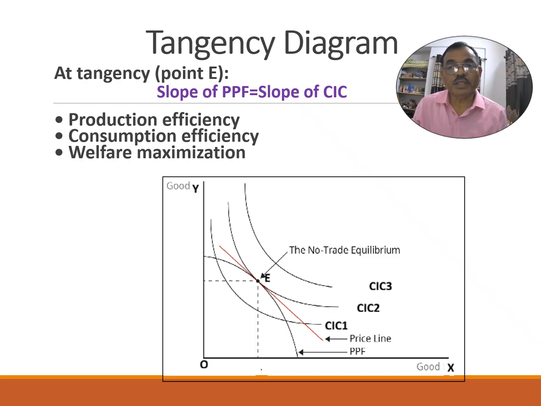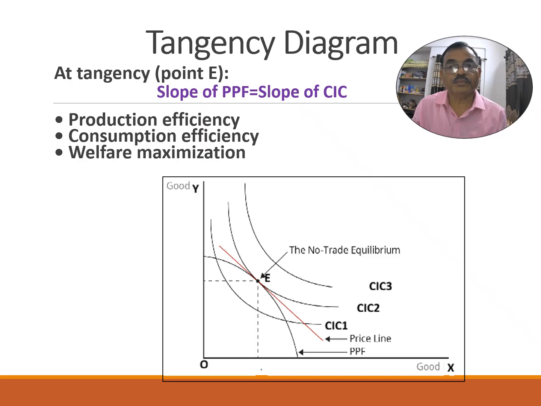In this diagram, we see the PPF and the CIC touching each other at point E, and so E is the equilibrium point. At this tangency point, MRT equals MRS, and no reallocation of resources can increase welfare without reducing production efficiency.